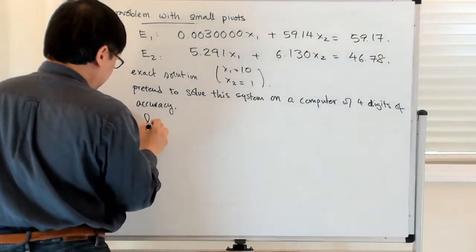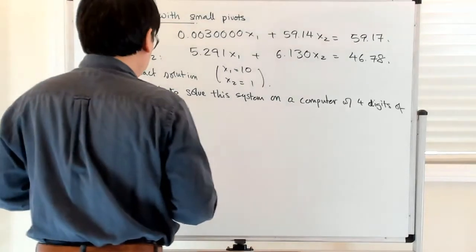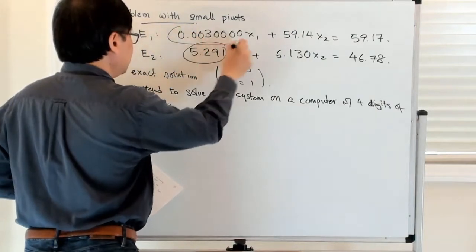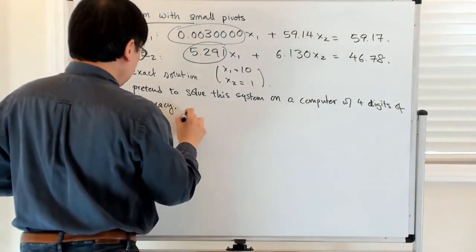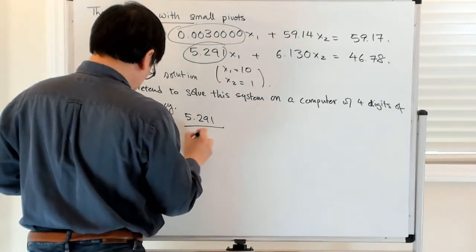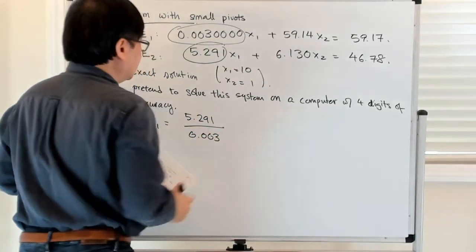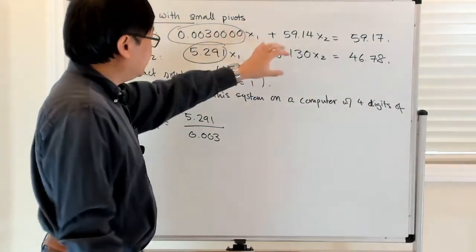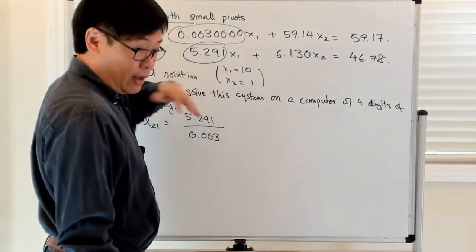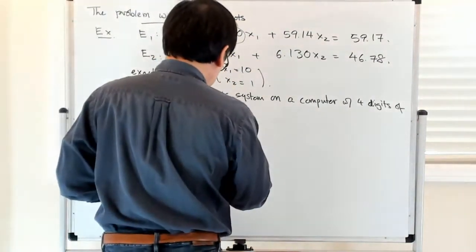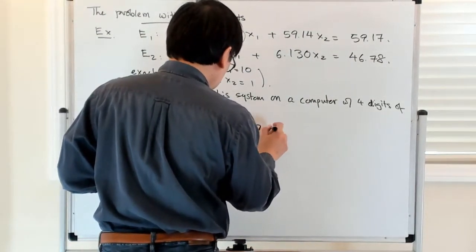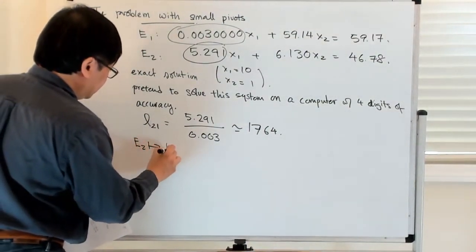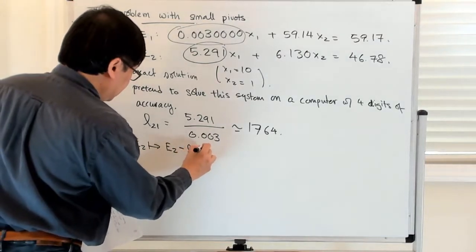I'm going to look at this entry L21, which is this coefficient divided by this coefficient, so that's 5.291 divided by 0.003. The basic idea is that I want to add an appropriate multiple of the first equation to the second equation so that that coefficient vanishes. It gets zeroed out. So this is approximately 1764. Equation 2 gets mapped to equation 2 minus L21 times equation 1.